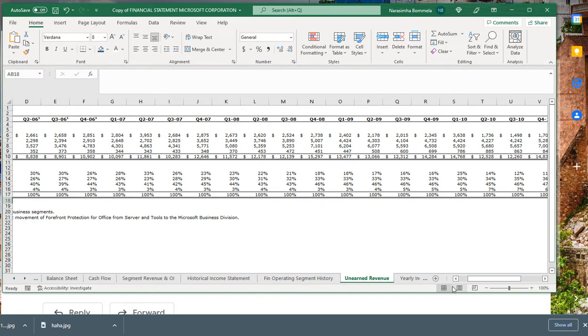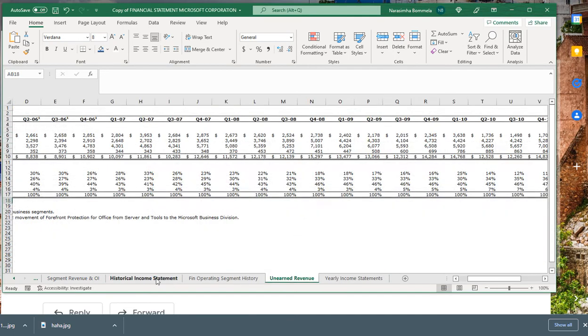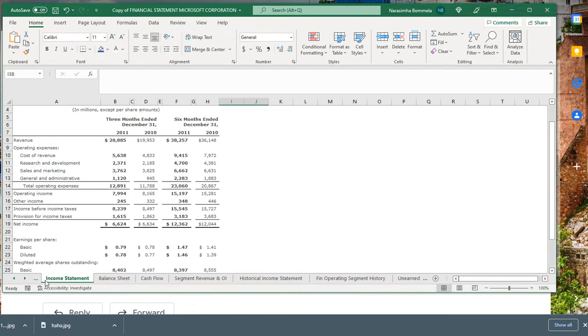Then you have unearned revenue related information. Then you have yearly income statement. This is also regarding income. So for income, you have yearly income, unearned revenue, and historical income, then income statement. Three or four types of details are related to it.